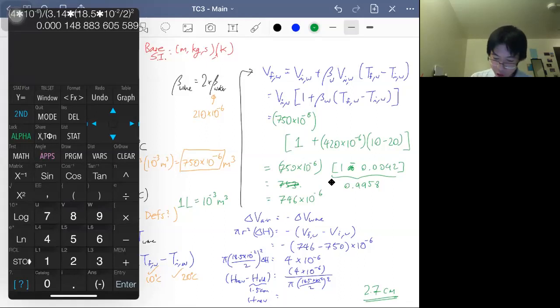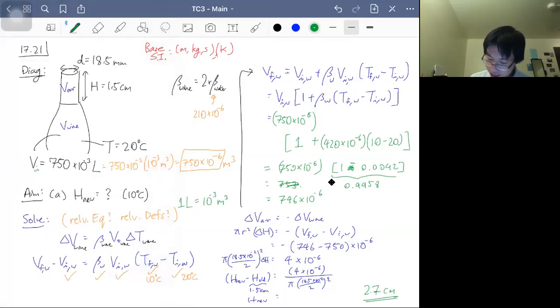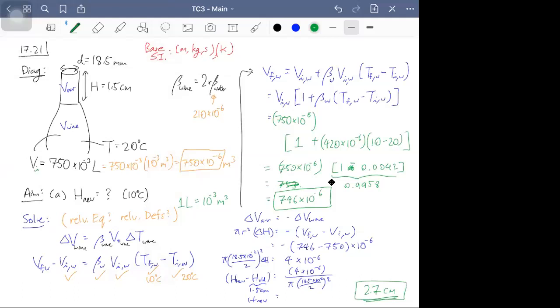Just for your confidence, that number is correct when I briefly did it earlier, and this part should be the final correct answer as well. I have a question.